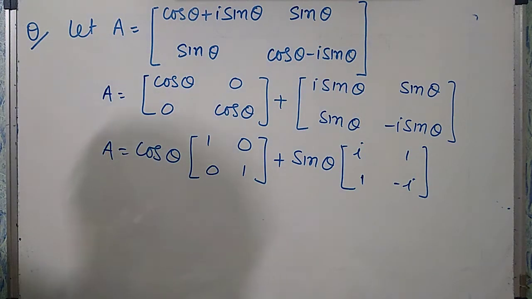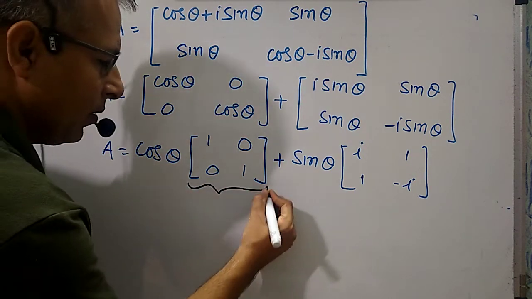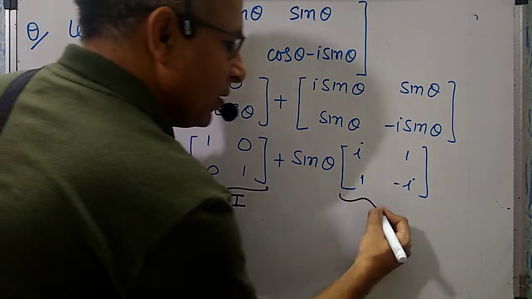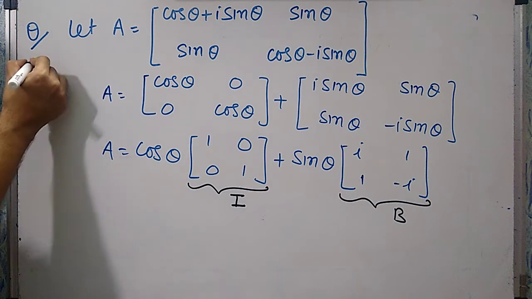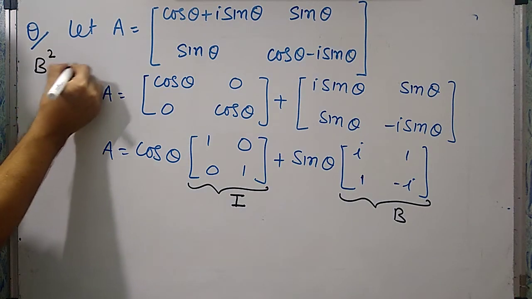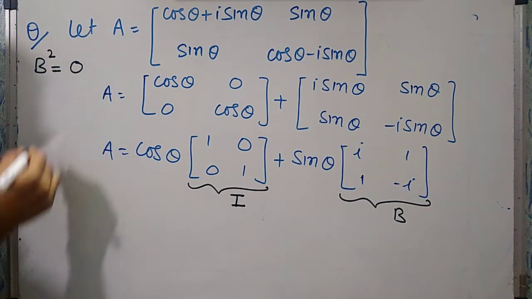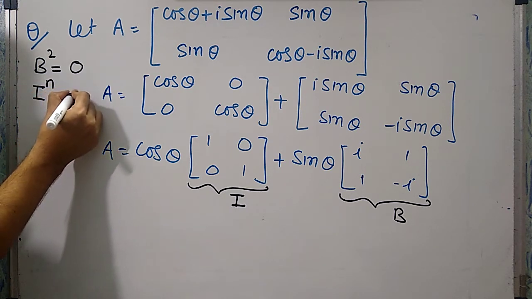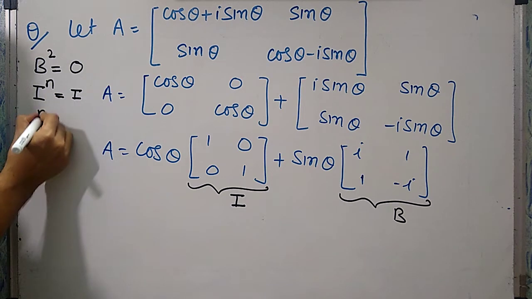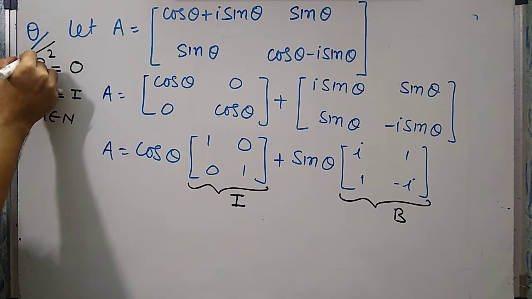So it is given that this is matrix I and it is matrix B. Now if you determine B square, B square will be null matrix, right? And if you take any integral power of I, this will be matrix I, where n belongs to natural numbers.